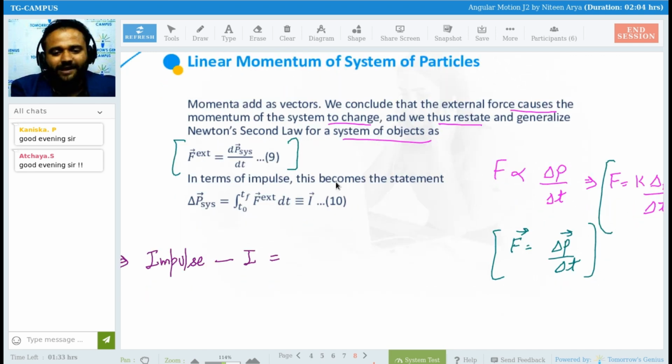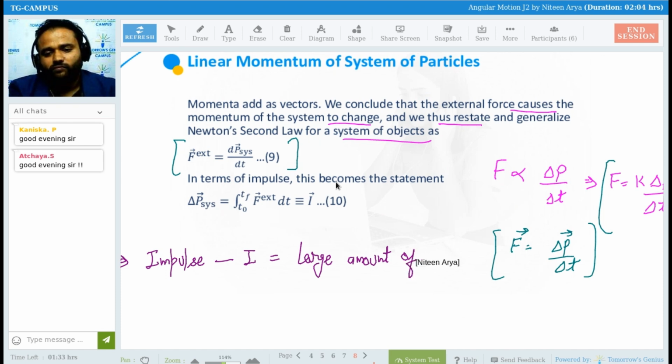In simple words, impulse I is a large amount of force for a short span of time.